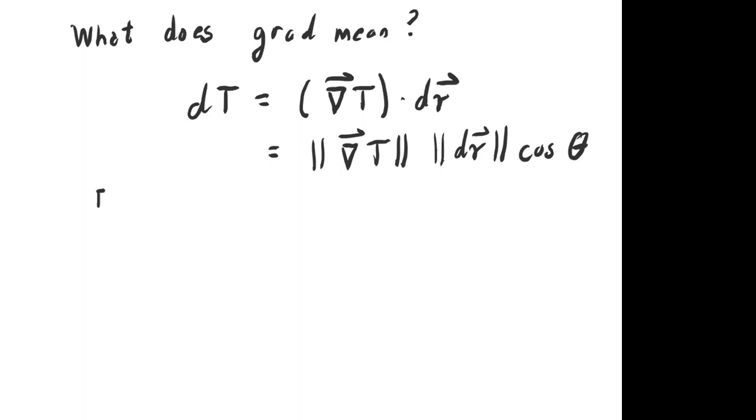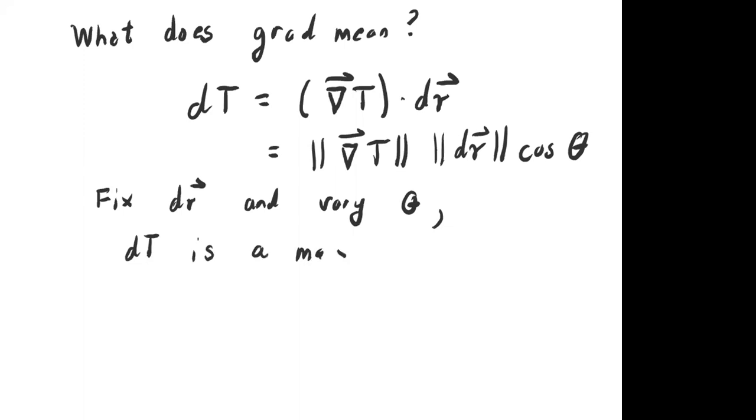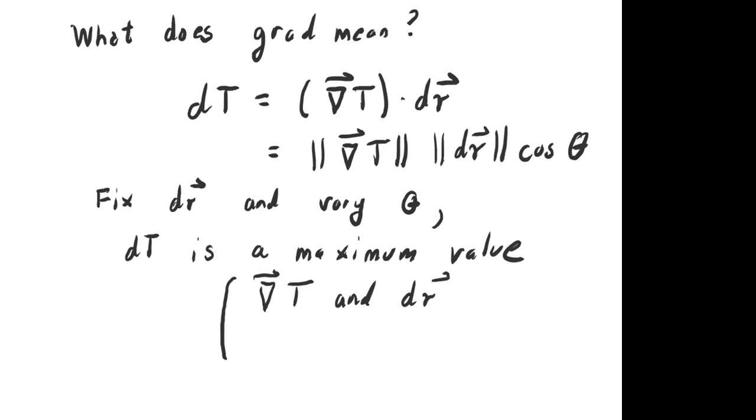So if you were to fix dr and vary theta, it's easy to see that dT has a maximum value. What is that maximum value? That maximum value occurs when the gradient of T and dr are both in the same direction.